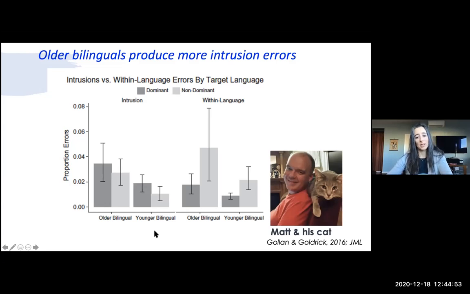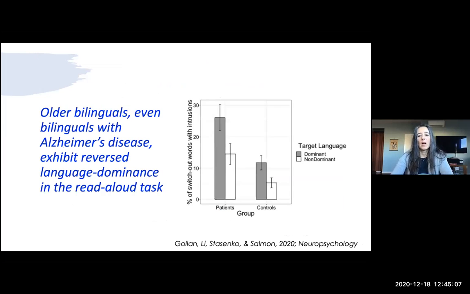And this could mean a lot of different things. It could mean that this is not evidence of inhibition, that this is something else going on in this task, or it could mean that with contextual support, older bilinguals are able to reverse. We get this pattern even in bilinguals with Alzheimer's disease.